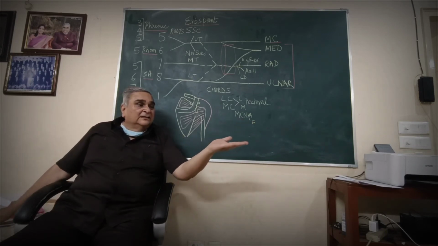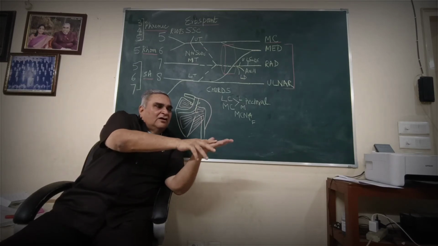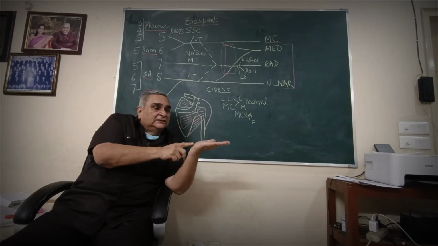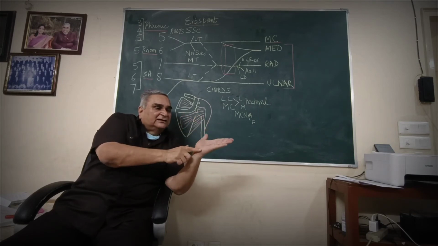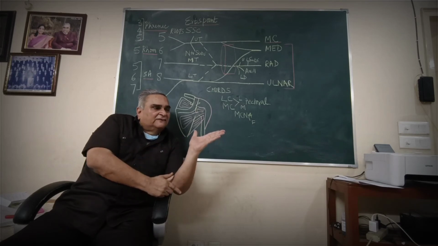The abductor digiti minimi is affected, there is sensory loss in 1.5 fingers. The hypothenar eminence is wasted. The abduction of the little finger is lost, which is called the Egawa's test.